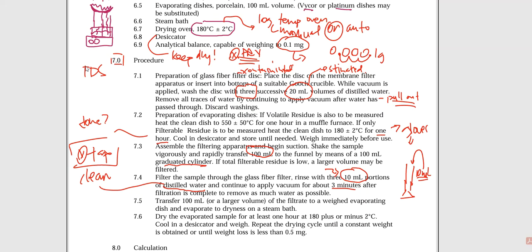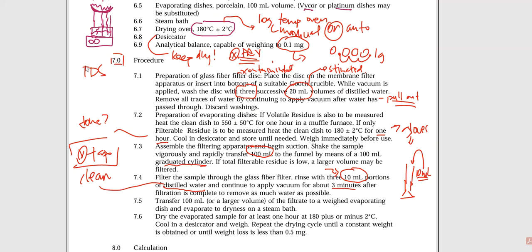That way you are ensuring that you are getting all of that dissolved residue as much as possible inside of that filter. And if you forget to rinse that graduated cylinder, there is a chance that you leave stuff behind. So I'm going to add 10 mils, swirl and dump, and then add another 10 mils, swirl and dump, and then add another 10 mils, swirl and dump. So you are ensuring that proper transfer is taking place here.